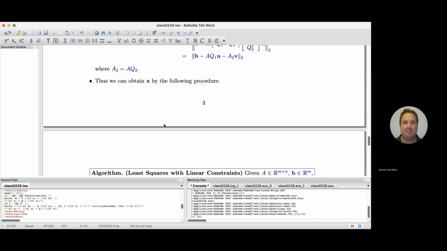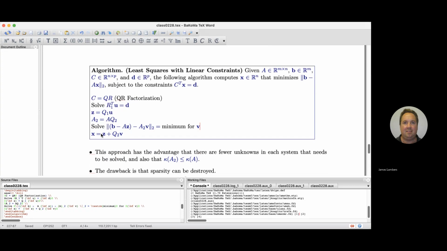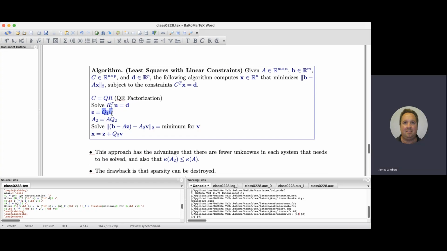So z right here is a portion of x that belongs to the range of Q1. This vector right here is a portion of x that's in the range of Q2. So all I have to do is take my vector v, multiply by Q2, and I have that portion, and then I'm done.